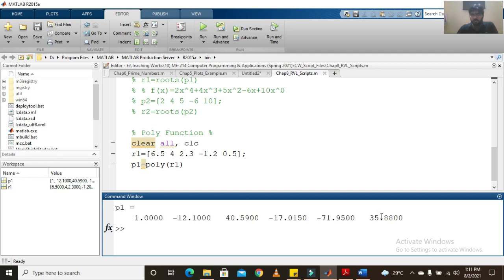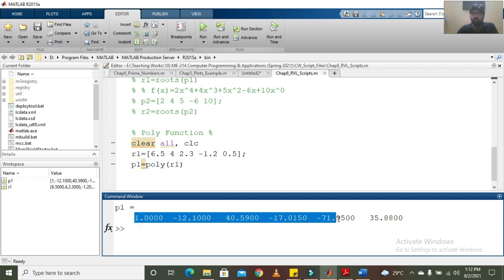Here you can see that we have 1 2 3 4 5 6 terms, means the terms are 6, but the highest power will be, we will start from here, x to the power 0, x to the power 1, x to the power 2, x to the power 3, x to the power 4, and x to the power 5. So this is a fifth degree polynomial expression.